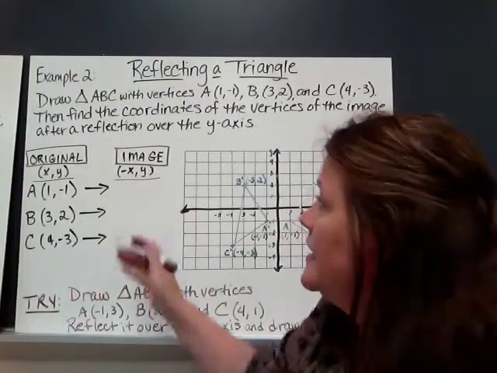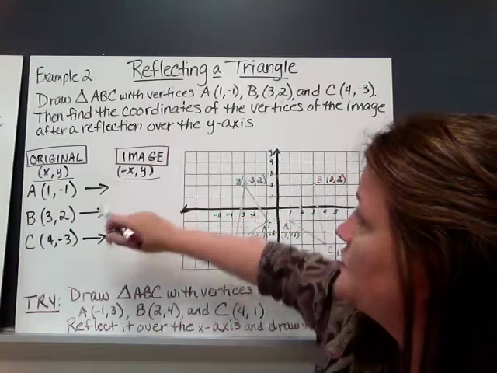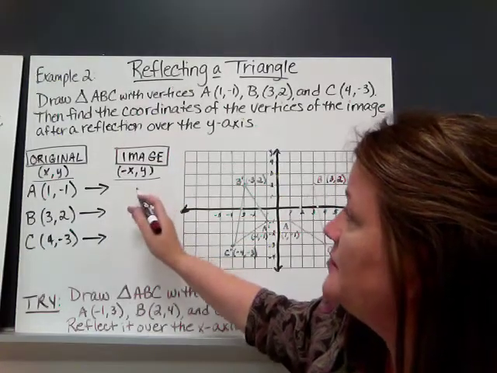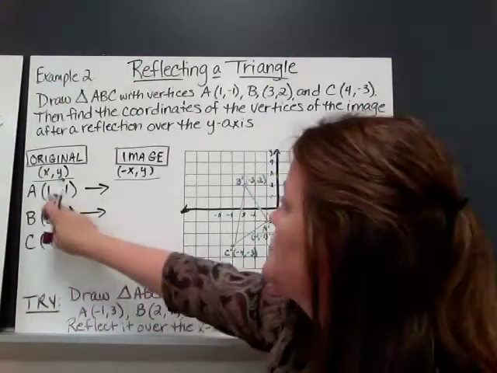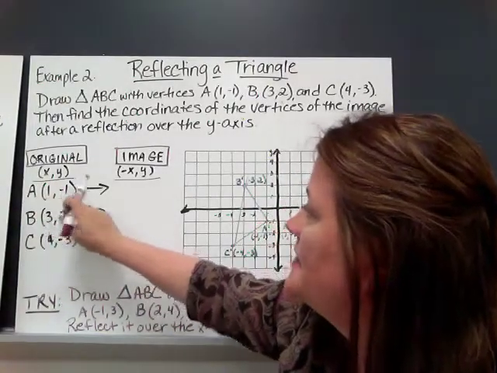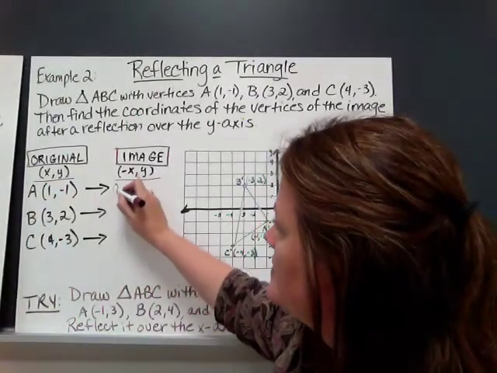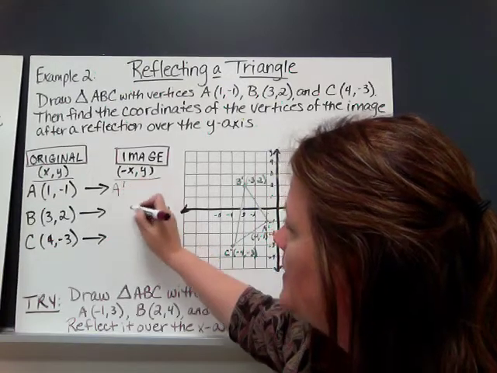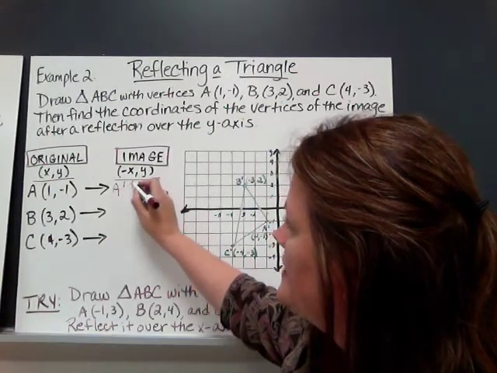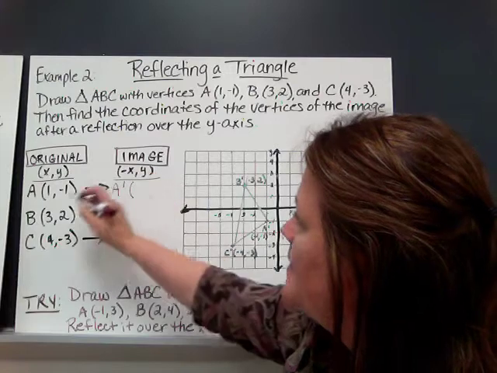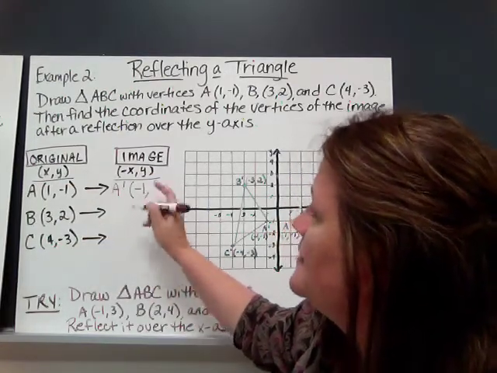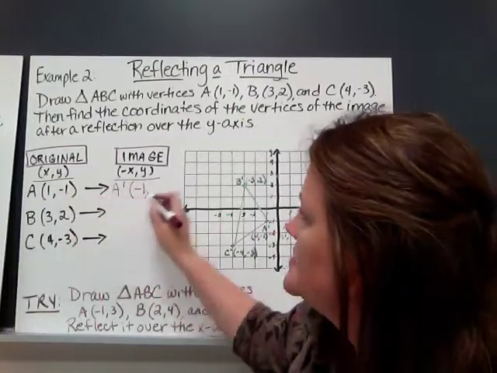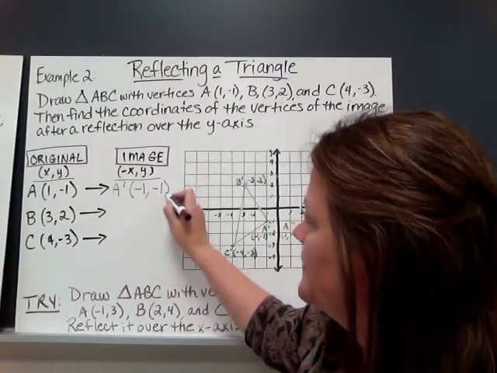So let's rewrite these. Let's write the coordinates for the vertices of the images here, and then we'll be able to draw it in. So A is 1, -1. So then we would get the result would be A prime. That's going to be the image, and it's going to be the opposite of whatever x was. So instead of 1, it's going to be -1, and the y-coordinate stays the same. So it's -1 here, it'll be -1 here.